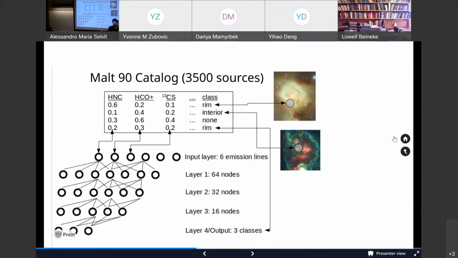I don't want to spend too much time talking about neural networks, but briefly, the network starts with 6 nodes here. Each node corresponds to a molecular line strength. That is basically the line strength from the observations that is fed into each node. Each node is then connected to the layer beneath.